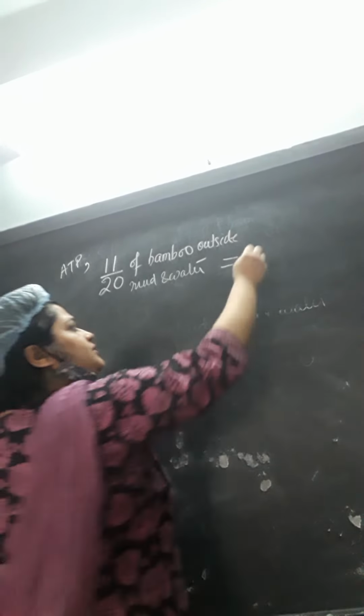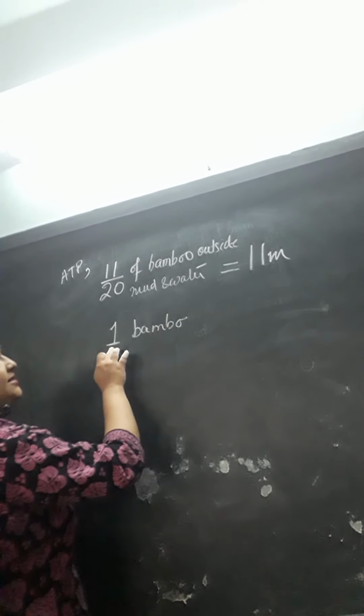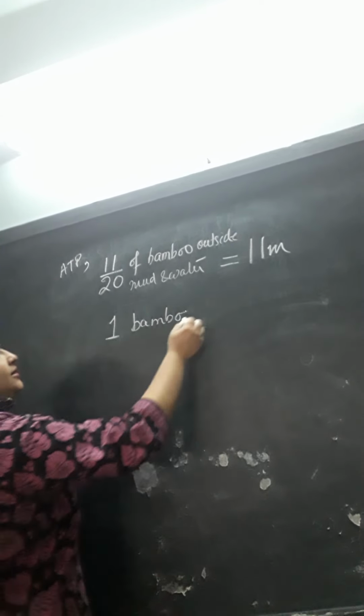That should be equal to the original measurement of bamboo. It is already known how much is lying outside. So we will equate these two things. This is given in fraction, how much of stick is lying outside mud and water, and this is given as original measurement, how much is lying outside mud and water. So you only have one stick, so you have to find the length of the bamboo stick.